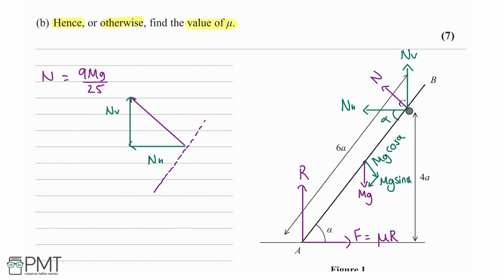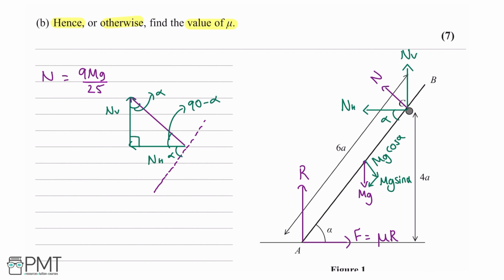We know that this is alpha, and we know that this is perpendicular to this, because the fact it's a normal force means it's perpendicular to our slope. So this whole component here is 90 degrees. So this internal bit is 90 minus alpha, and that makes this part alpha, because all the angles need to sum to 180.